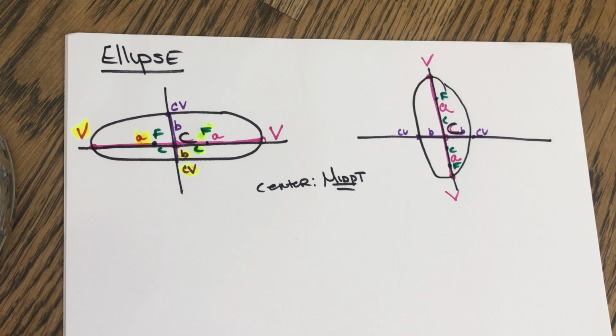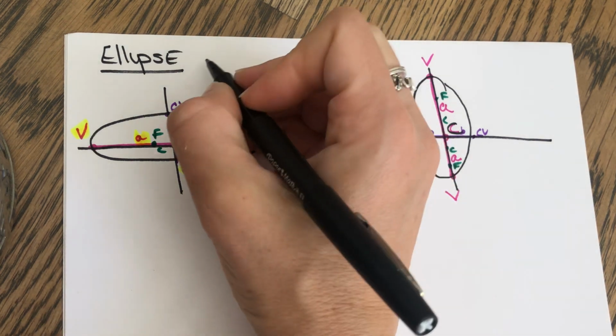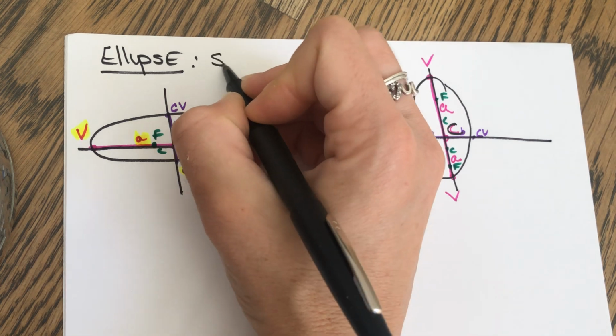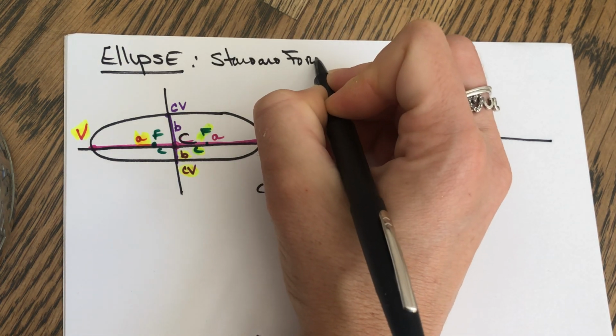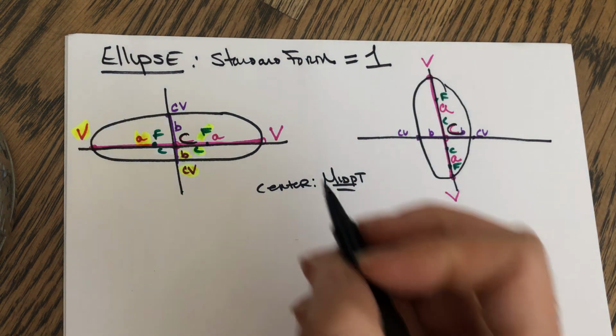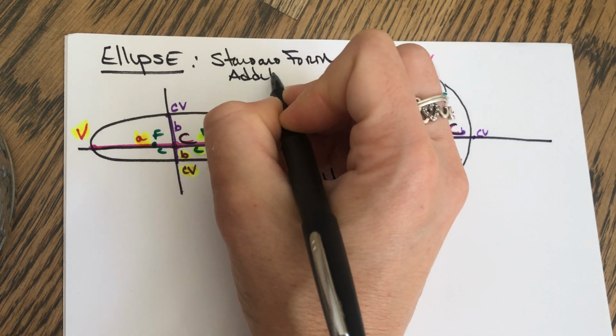Now, first of all, you should remember for your ellipse, I should probably write this down too, standard form has to equal 1. That's the main thing, and we also should know for an ellipse, it's always going to be in addition.